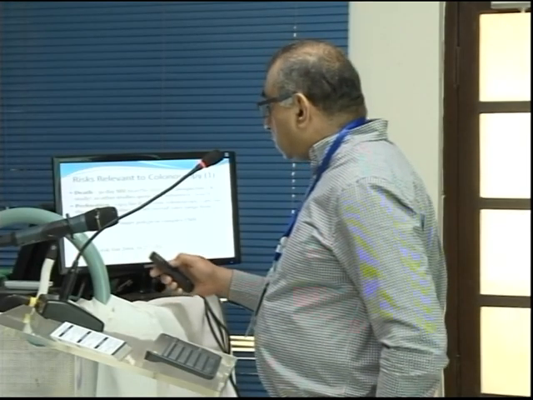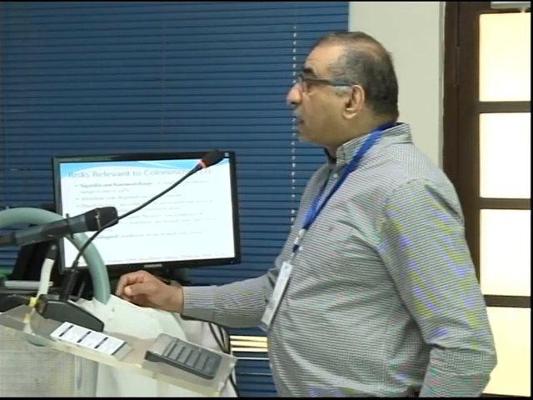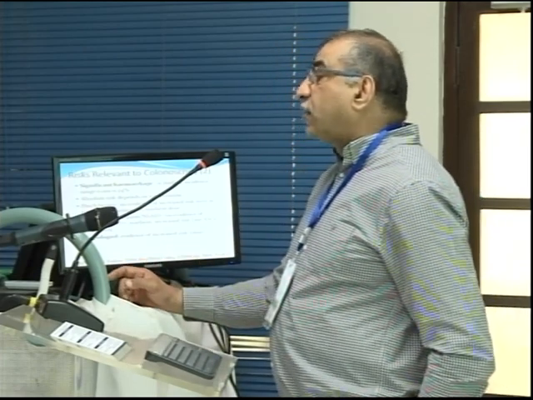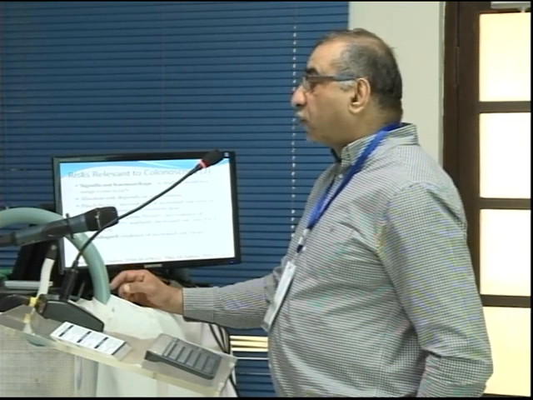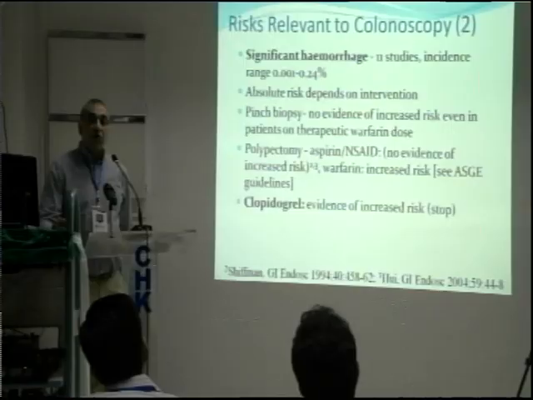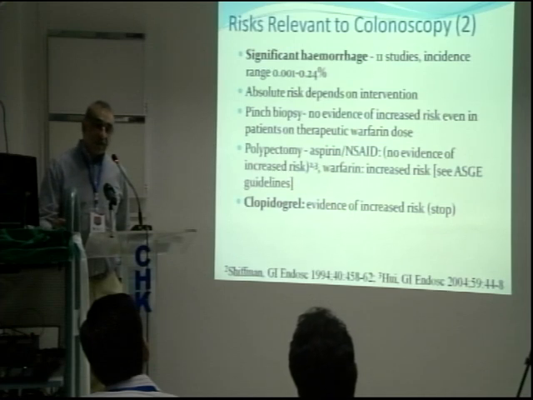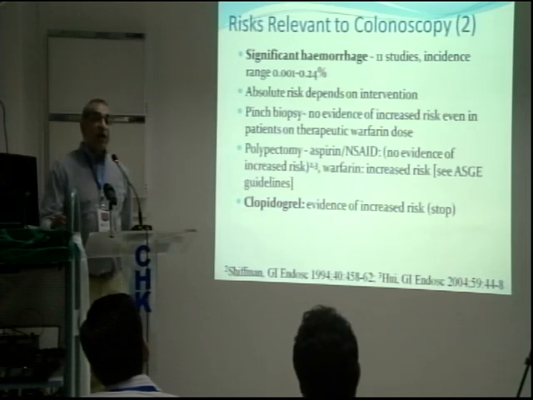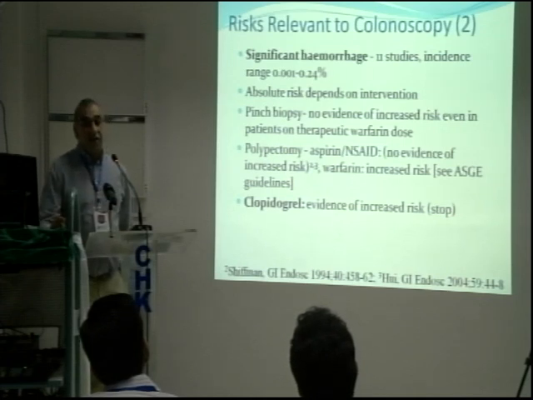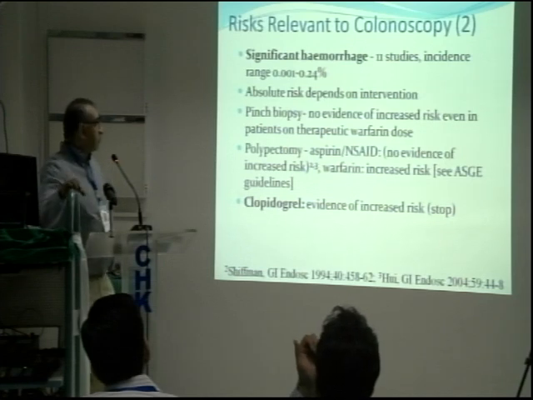Now, significant hemorrhage. Hemorrhage, again, is a well-recognized complication of colonoscopy, something that you would quote during your consent process as well. And the standard figure in random series is around 1 in 500, which is acceptable to everyone.